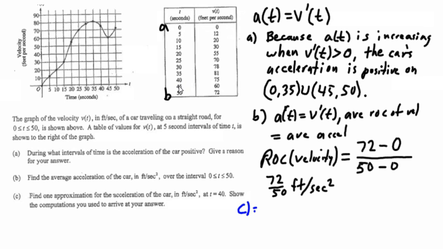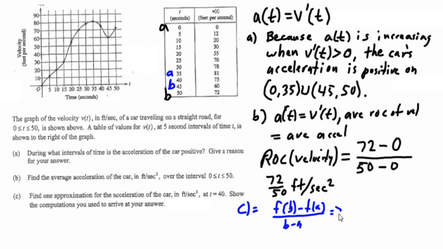One thing, we're looking at 40. So one thing I like to do is take the values surrounding that 40. So if I let B equal 45 and A equals 35, so we're looking at f of B minus f of A over B minus A.